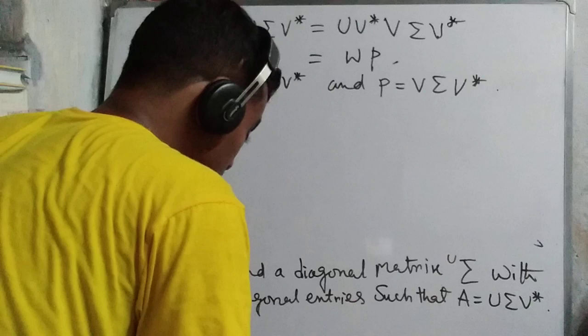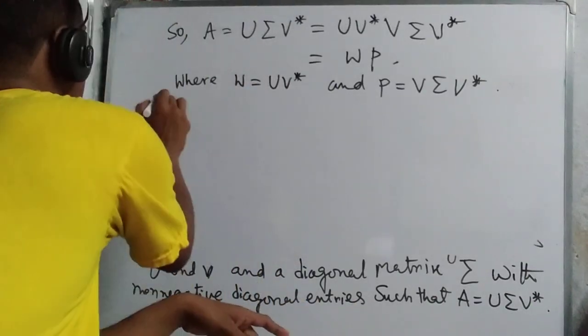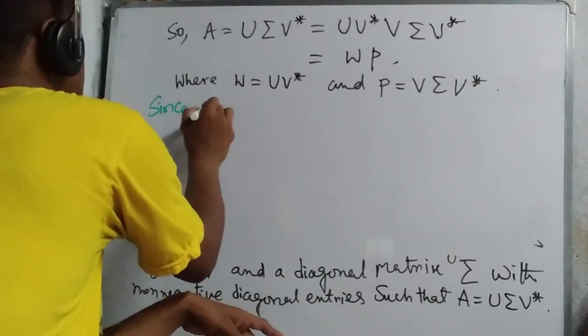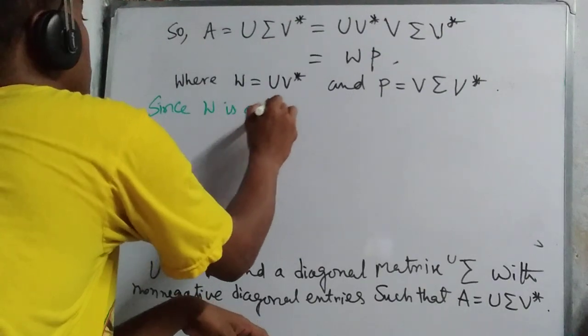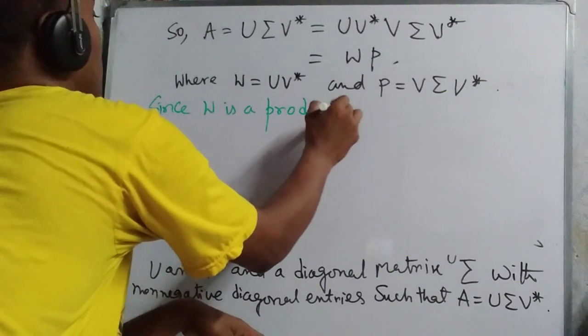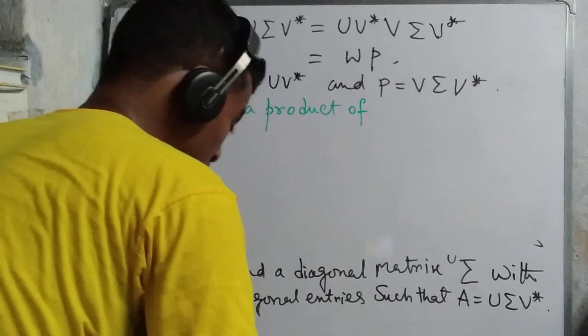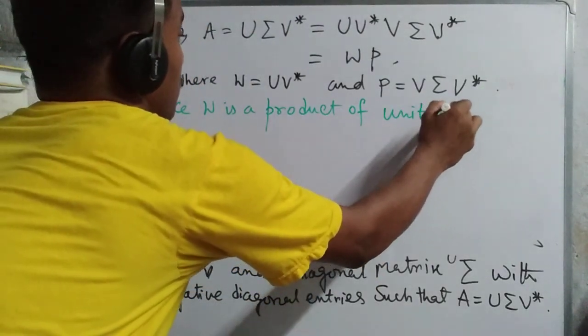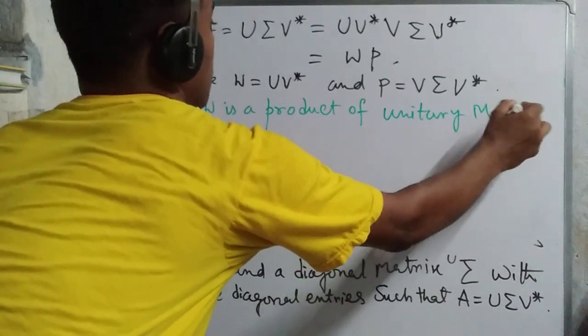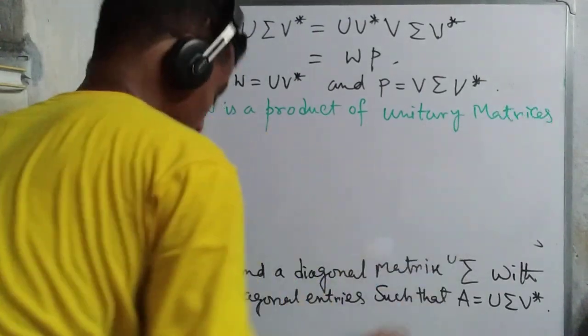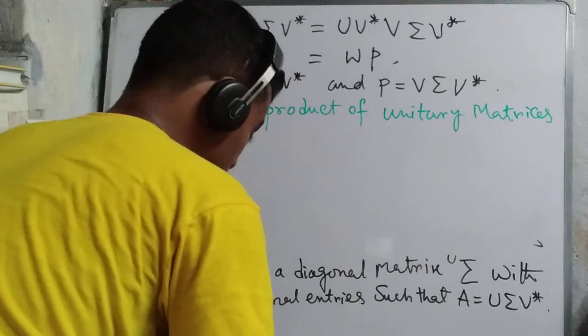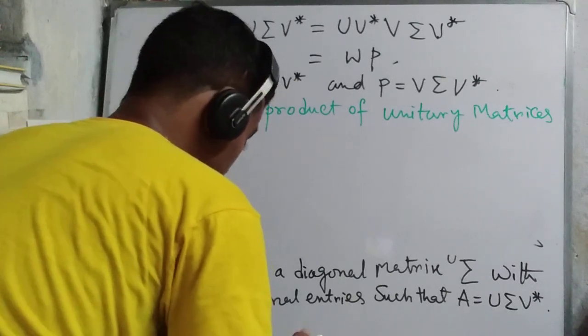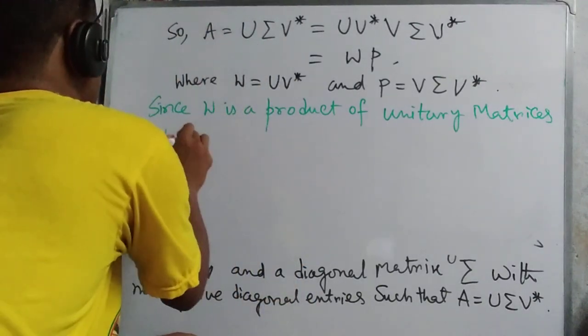Since W is a product of unitary matrices, W is unitary.